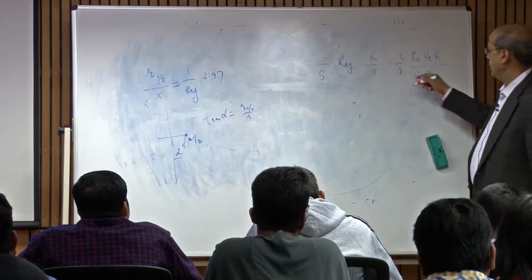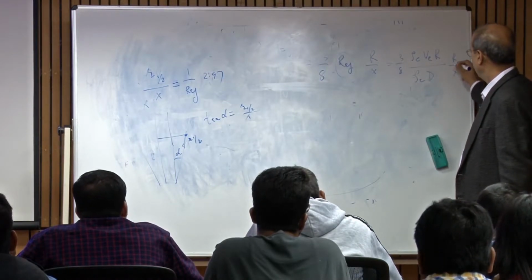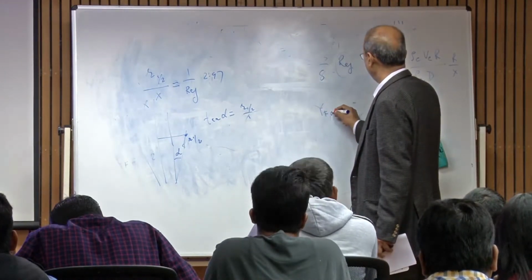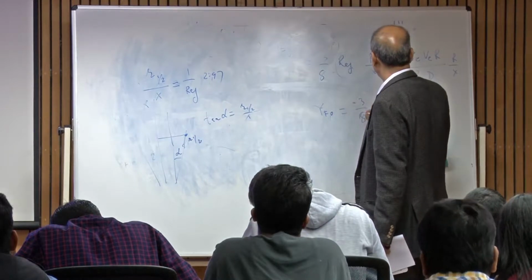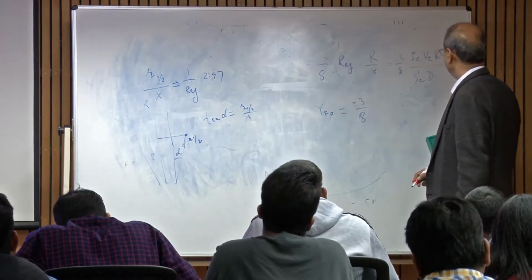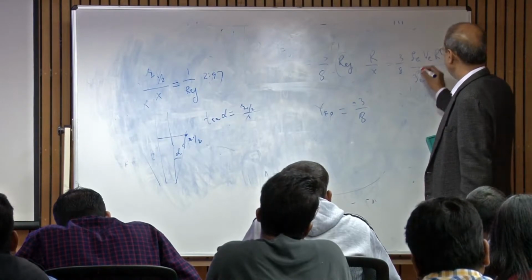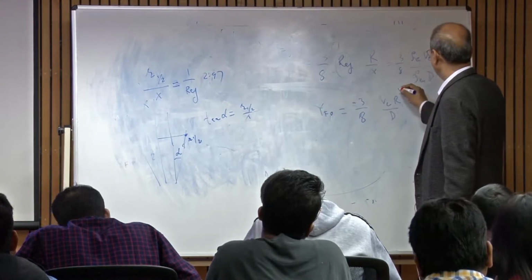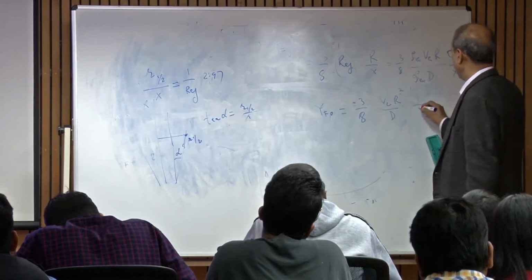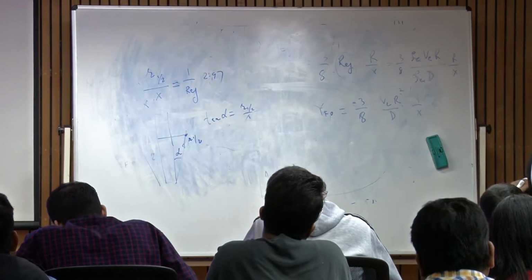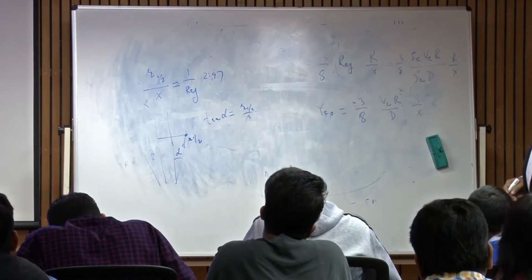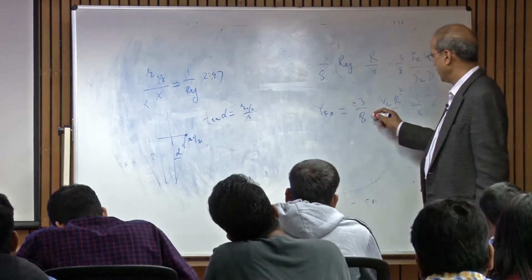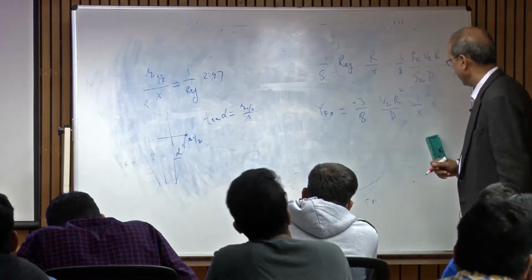And then r over x. So YFO is 3/8, so rho e cancels. V e over r. This becomes r square, 1 over x. Okay, so let's keep it like this first.